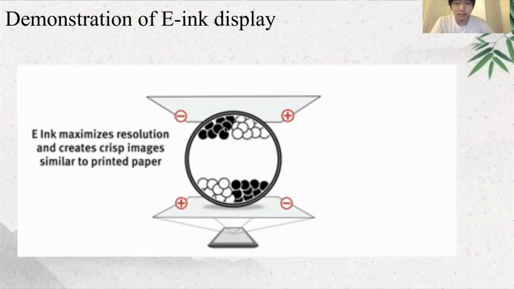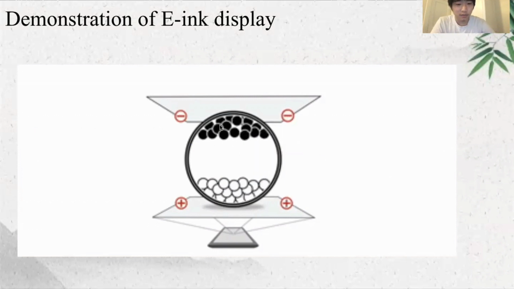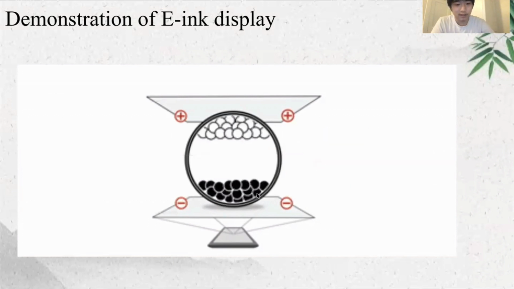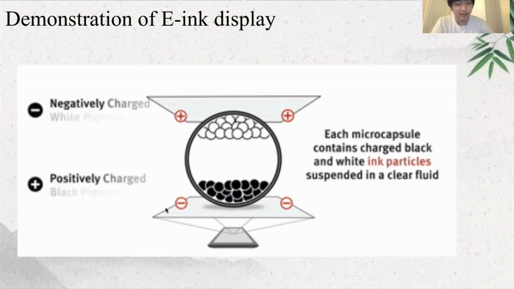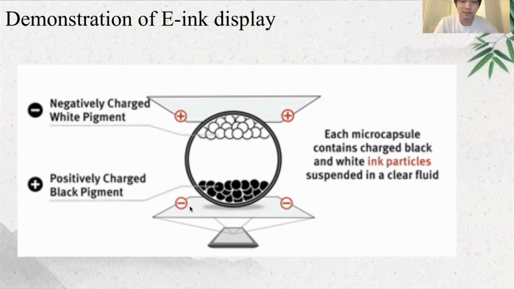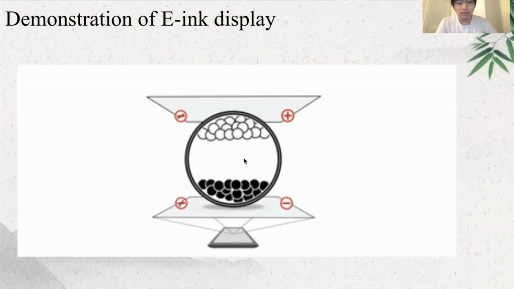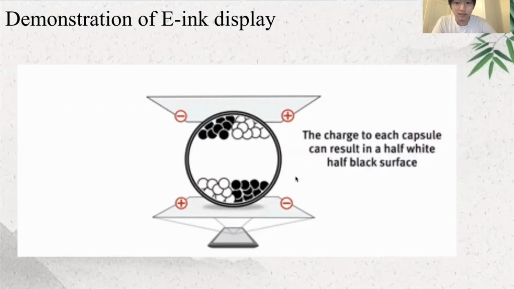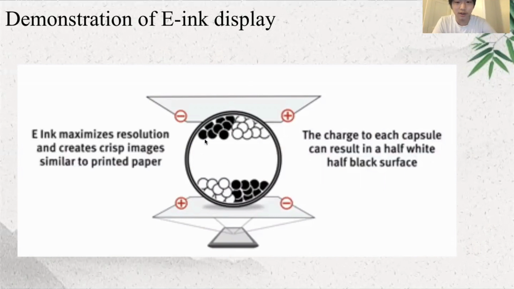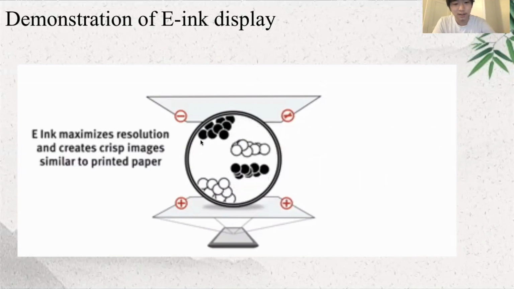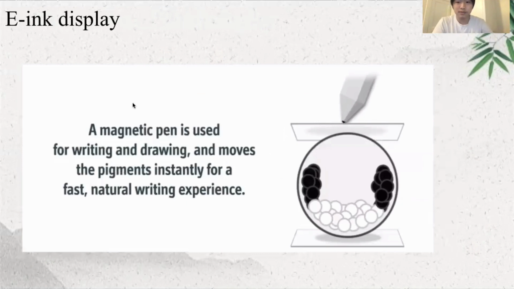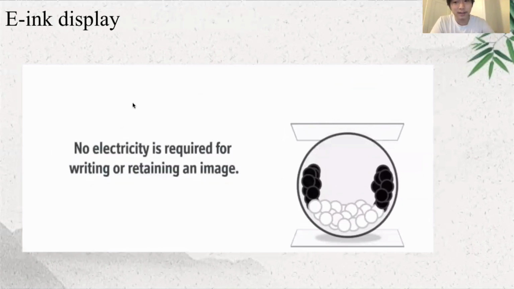When the pigments move, they move toward the corresponding electric fields. Right here, you can see the black pigment moving to a negatively charged electric field. On the bottom, we cannot see the pigments; we can only see the upper pigments.